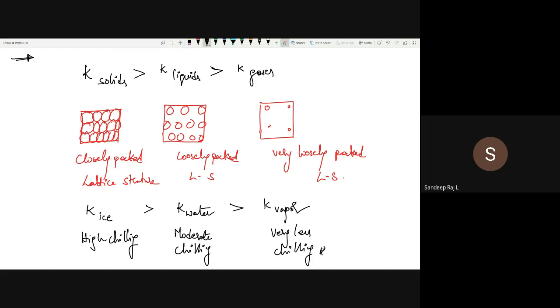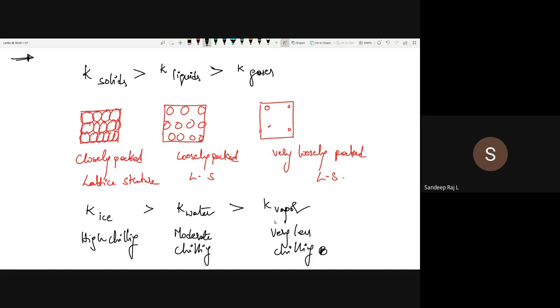Unless the temperature is very low, the water vapor will not have as much chilling as the ice will provide at the same atmospheric pressure and the same atmospheric temperature. So this is the thing with the solids, right?